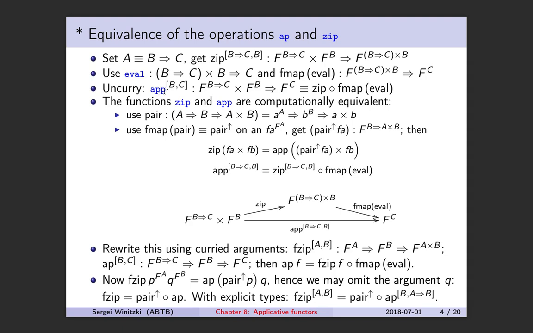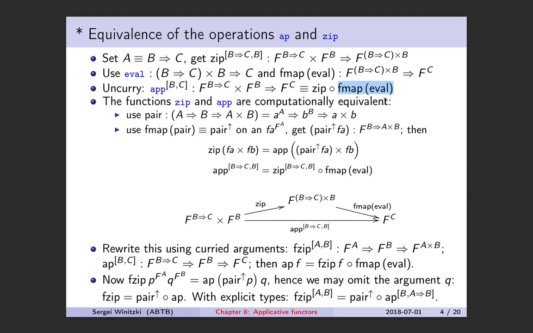I write it with two P's, just so that it's a different name from app. But this is just the uncurried version of app. So the uncurried version of app is equal to zip composed with fmap of eval.